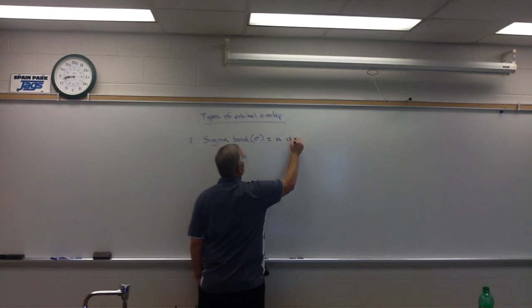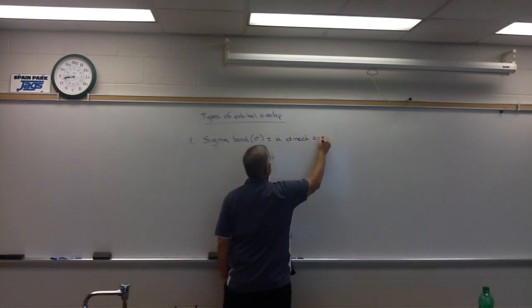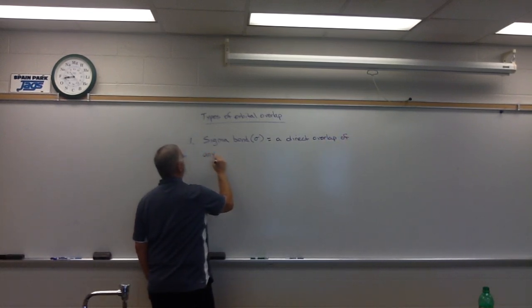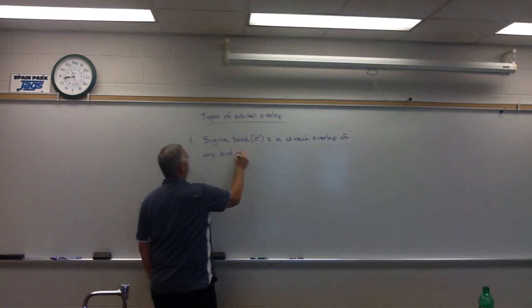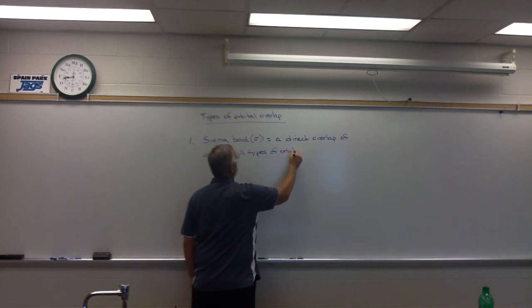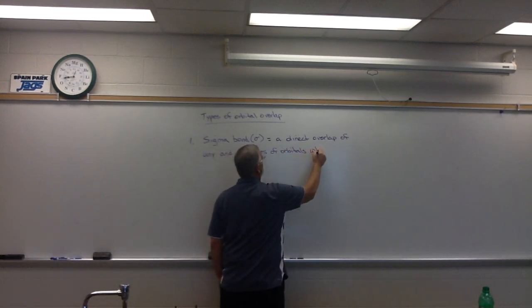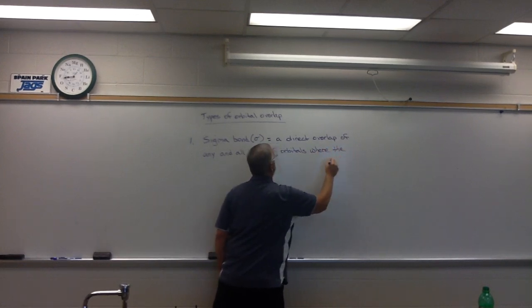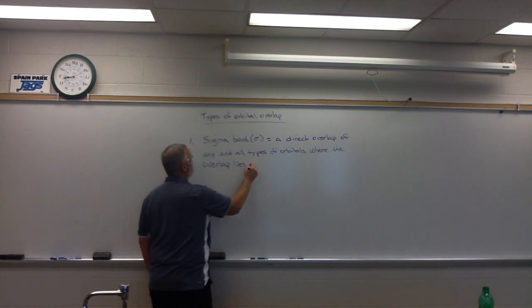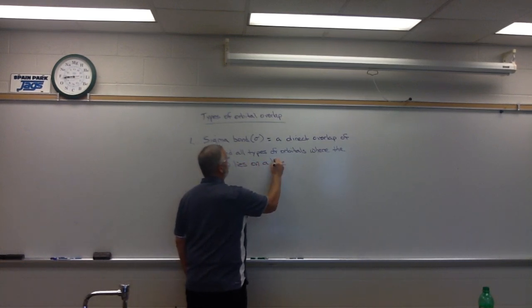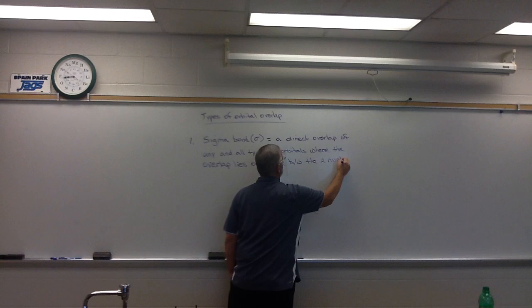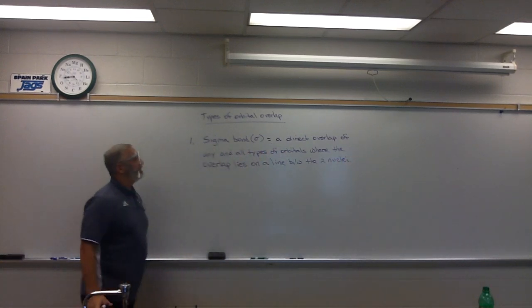This is a direct overlap of any and all types of orbitals where the overlap lies on a line between the two nuclei. Sigma bond.